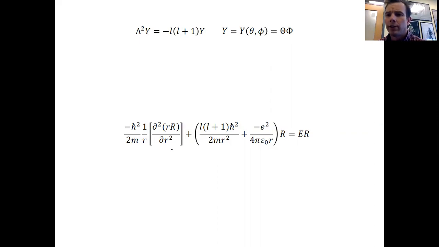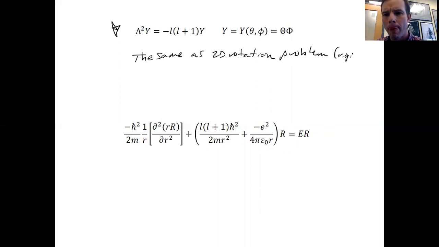Which one do we want to tackle first? Again, I hear it through cyberspace. You're saying you want to tackle this one first. And that's a great idea because this expression is the same as that in the 2D rotation problem, the rigid rotor.